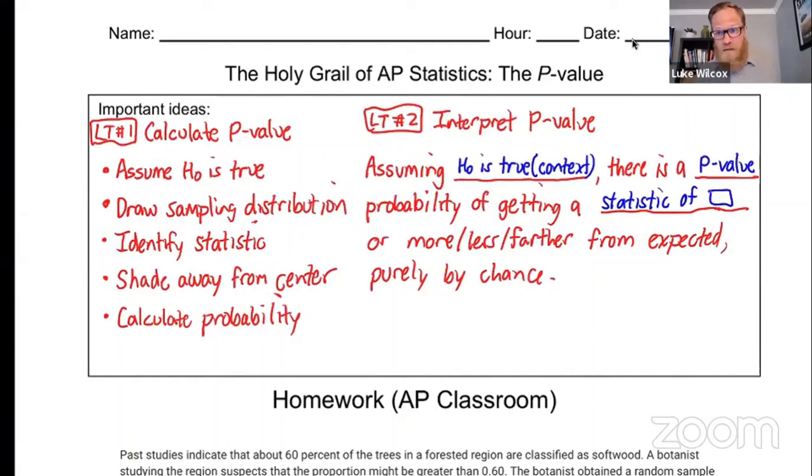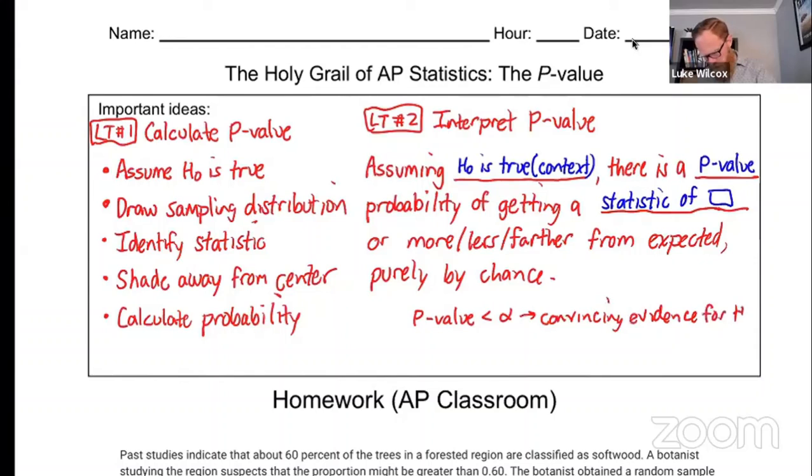Now, once you have the p-value, you do have to be able to turn that into a conclusion about the null hypothesis. This is the part that you likely know from your class already: if the p-value is low, or less than the alpha value, then we do in fact have convincing evidence for HA, the alternative, which means that we would reject the null hypothesis.